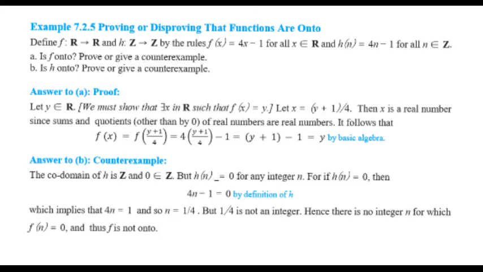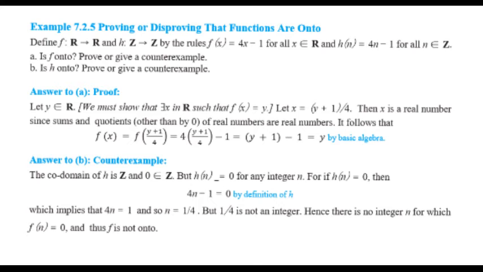That's our counterexample. Why? Because if f covers 0, then 4n minus 1 should be 0. We are using a proof by contradiction. We say, okay, if 0 is covered, then 4n minus 1 should be 0, and then 4n should be 1, and then n should be 1 over 4, which means that 1 over 4 is an integer.